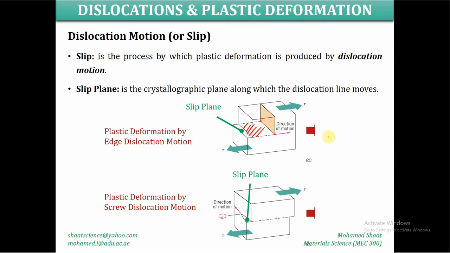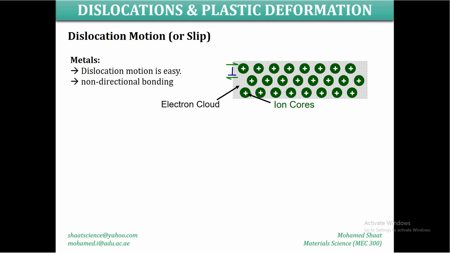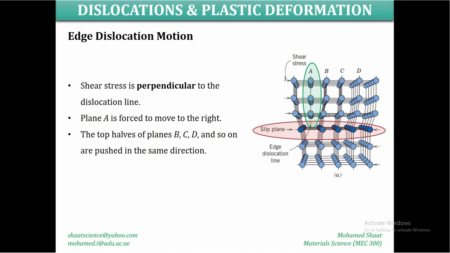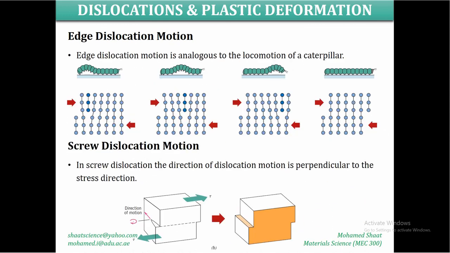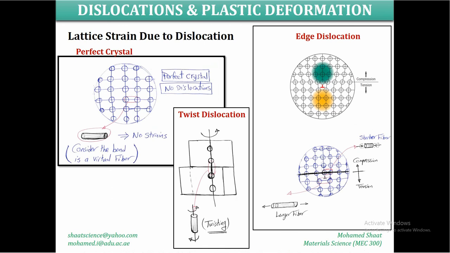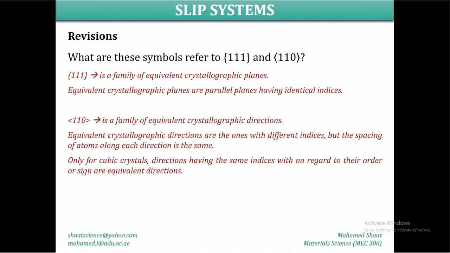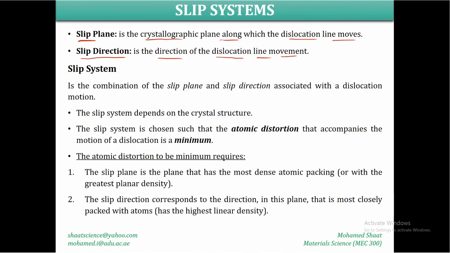So these two things, the slip plane and the slip direction, define the movement and the type of the plastic deformation that is going to take place inside the material microstructure, depending on what? Depending on the crystal structure. So the slip system is the combination of the slip plane and the slip direction.